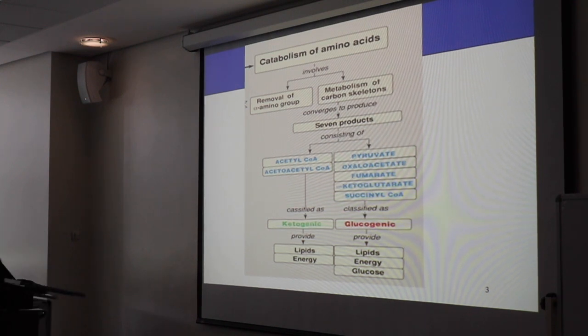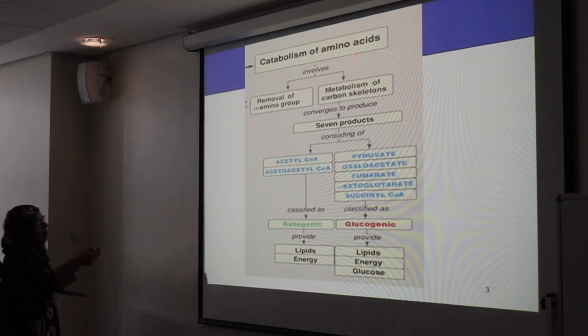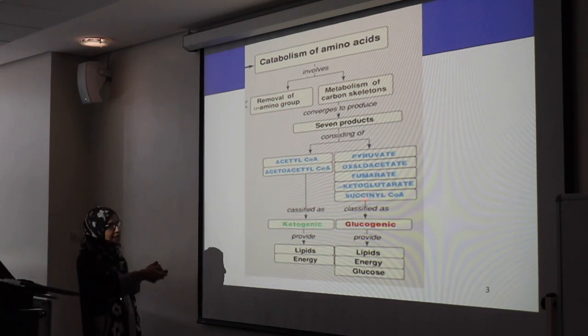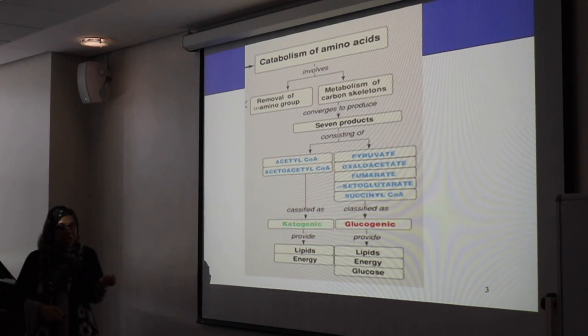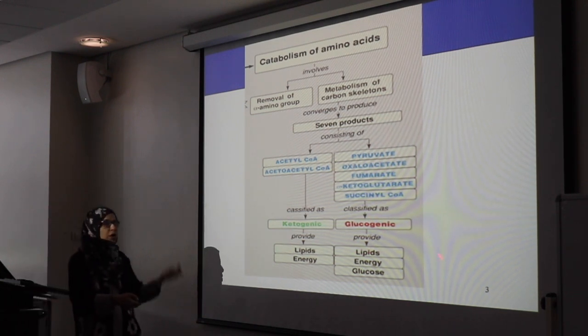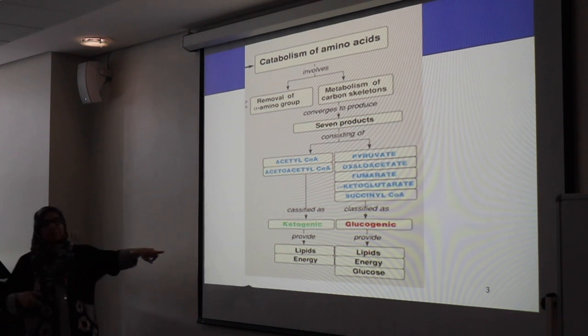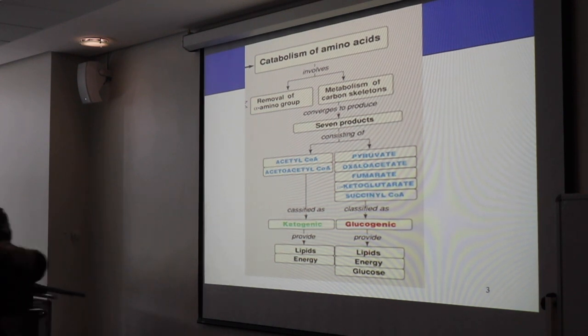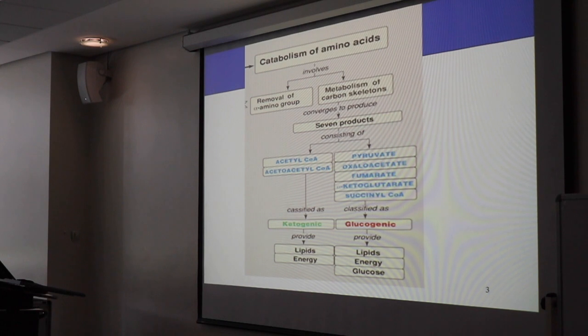I can use them all to make glucose. And this is why if an amino acid is broken down to one of these, it will be classified as glucogenic. So I can use it to make glucose, energy, and also lipid, because you know that we can go from glucose to lipid.